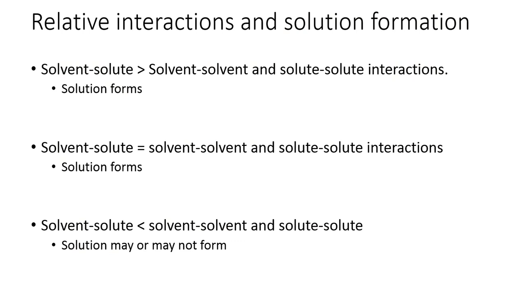And really, also still when talking about solutions, for a solution to form, there must be some interactions that are happening in a solution. So as we said, there are these three types of interactions: solute-solvent, that is 1, solvent-solvent, 3, solute-solute.